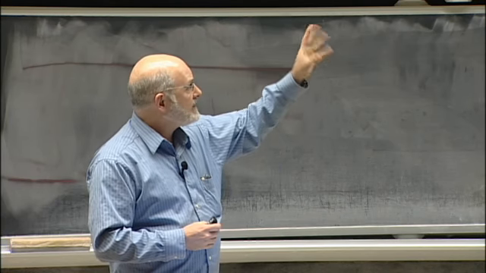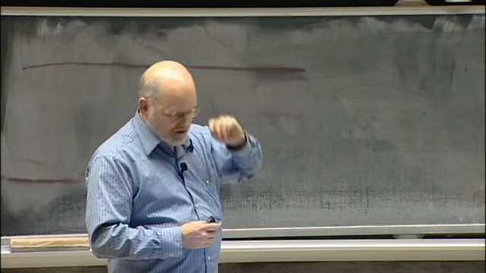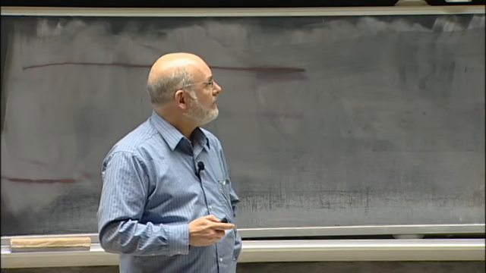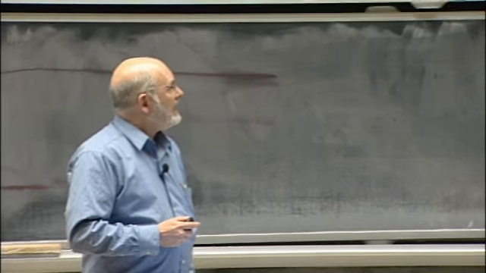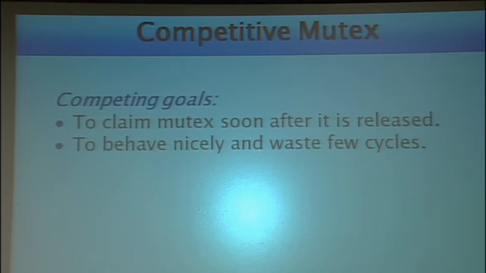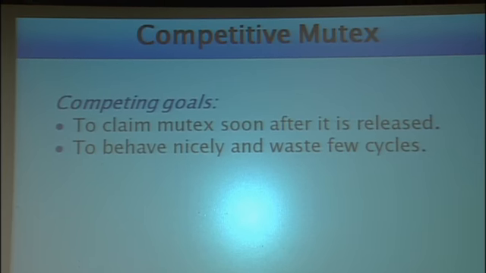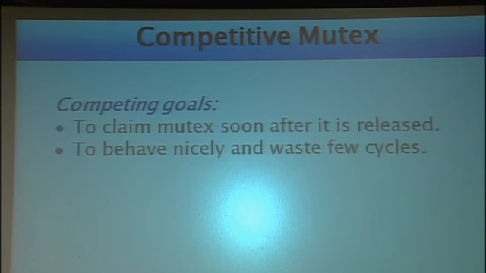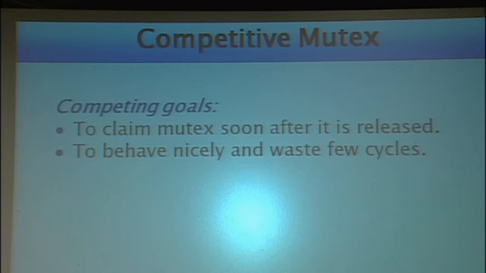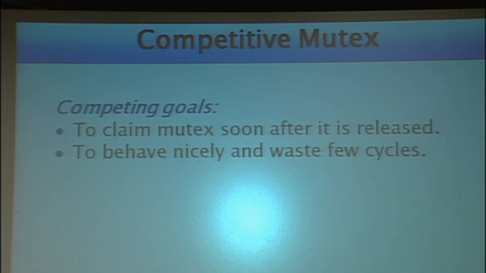So you have a choice here. There's kind of a tension here. You'd like to claim the mutex soon after it's released, and you're not going to get that if you yield. At the same time, you want to behave nicely and waste few cycles. So what's a strategy for being able to accomplish both of these goals?